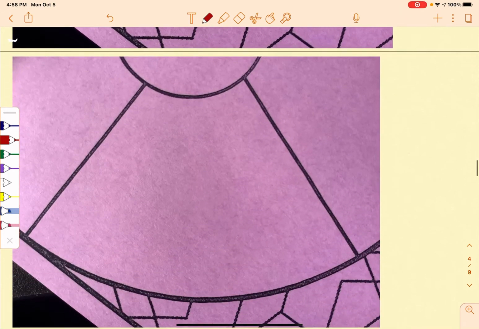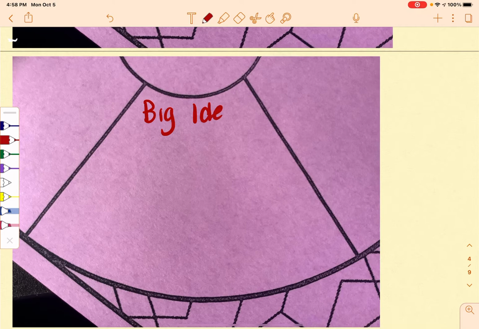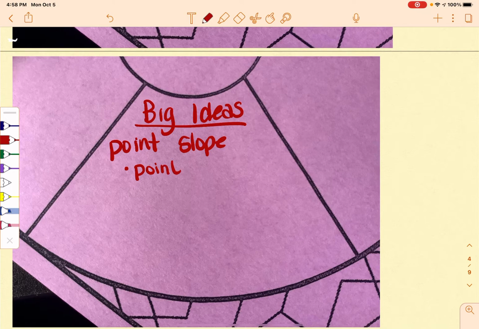Okay, so first of all, some big ideas when it comes to point slope. You have a point that they give you that is not the y-intercept.